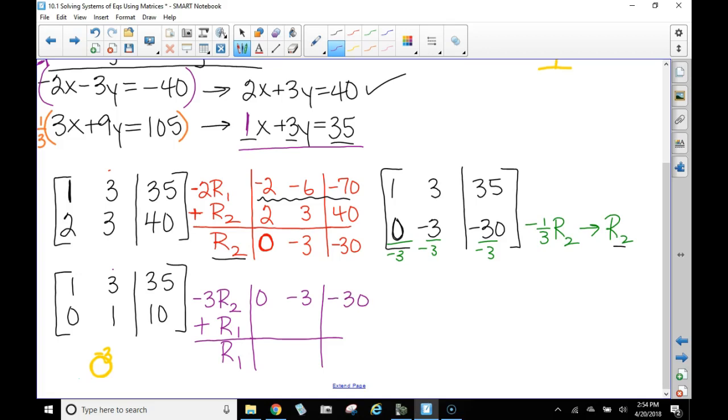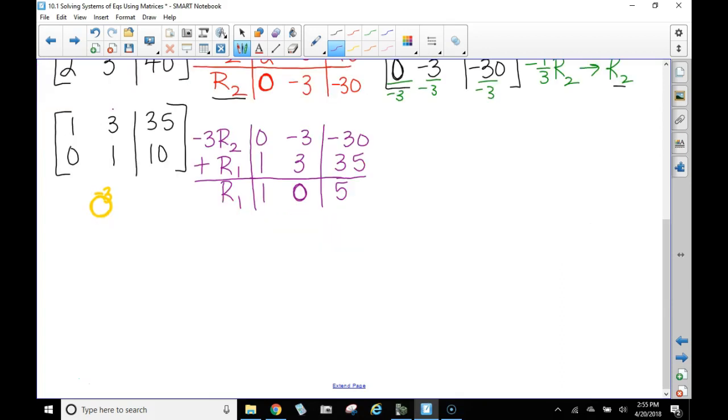If we add that to row 1, which is 1, 3, 35, we're going to get a new row 1 of 0 plus 1 is 1, -3 plus 3 is 0. We wanted that 0 there. That was our goal. And then -30 and 35 is +5.